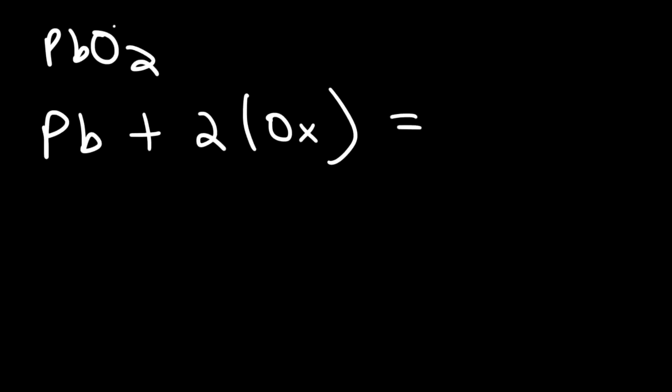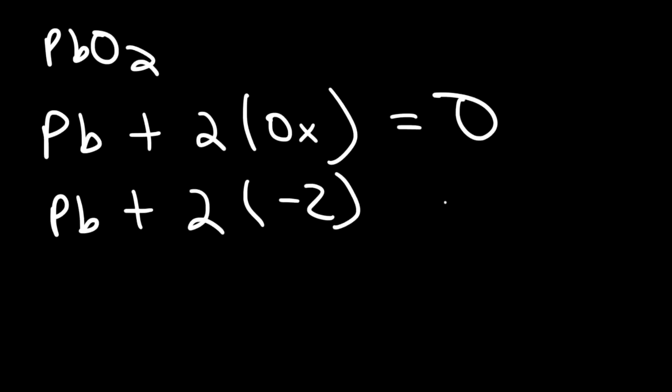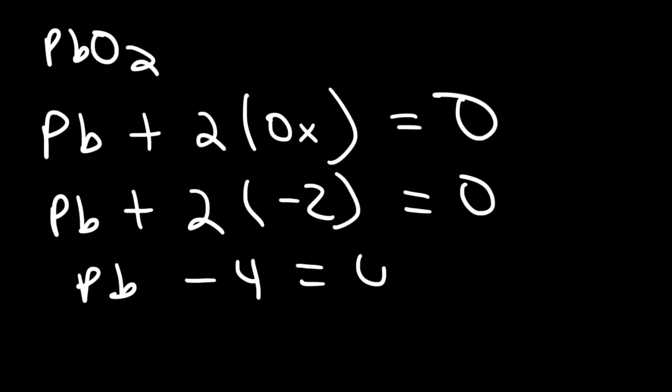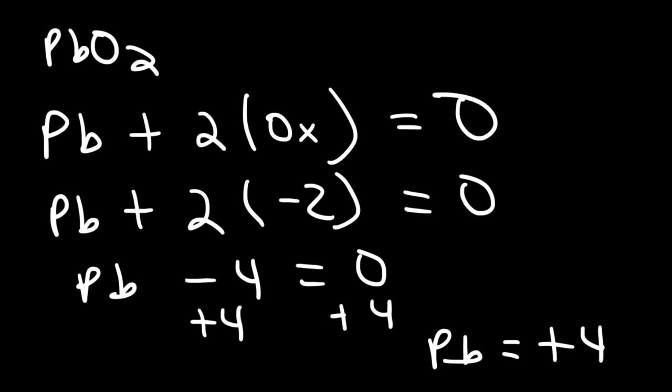Now, the net charge of this compound is 0, so we're going to set it equal to 0. Our goal is to solve for Pb. Now, we know the charge on oxygen is -2. So 2 times -2 is -4. And if you add 4 to both sides, you'll see that the oxidation state of Pb is 4.